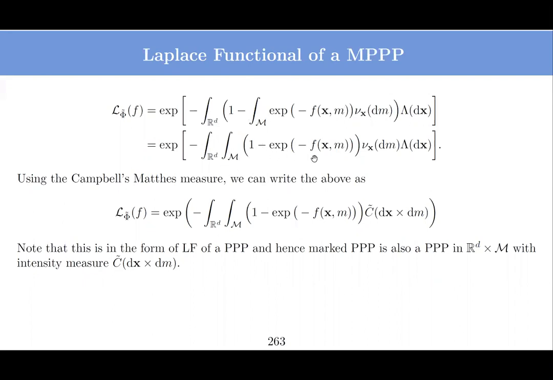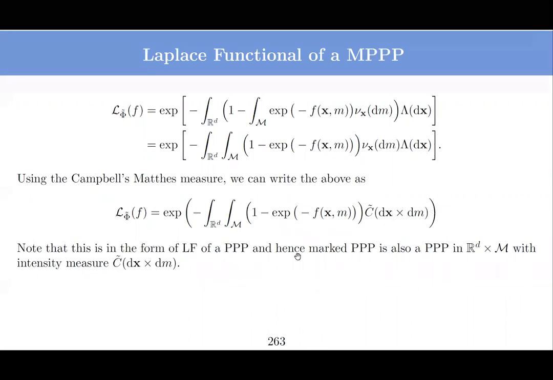Then I get 1 minus exponential of minus f(x, m), times nu(x, dm) and lambda dx. And we note that the Campbell-Mecke measure is just this, so instead I can write the Laplace functional as exponential of minus the integral of 1 minus exponential of minus f(x, m) with respect to the Campbell-Mecke measure, which tells the number of points that are in dx and whose marks are in dm.